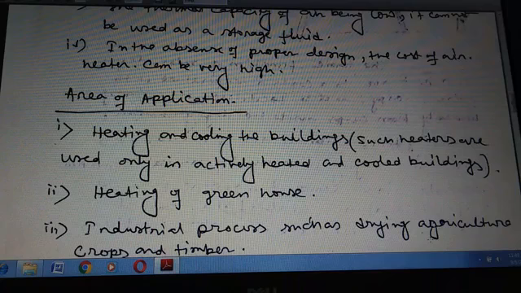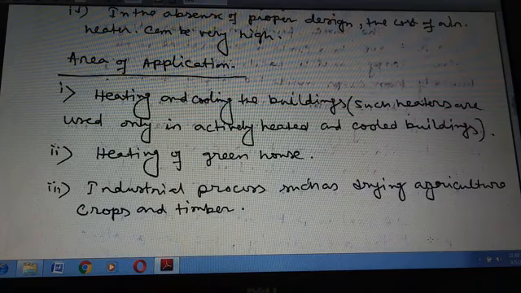Next, air heaters are also used as components for solar air conditioning. Next area of application is heating of greenhouse systems. Next, industrial processes such as drying agricultural crops and timber, etc. So these are the application areas of the solar heating system.